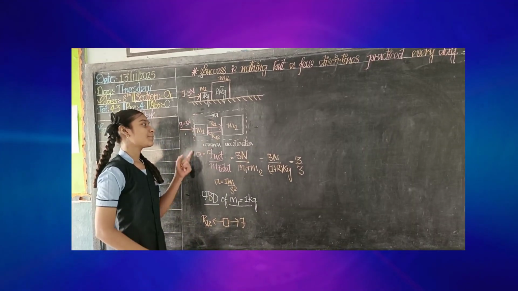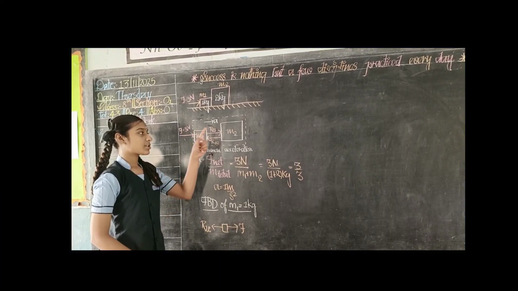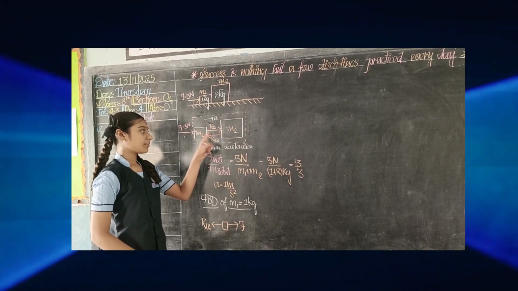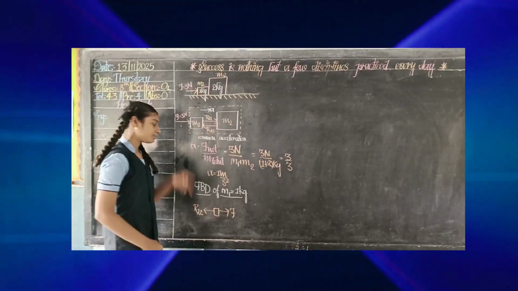Here, this is the reaction between M1 and M2. The M1 is giving some reaction to the M2 that we are representing by R2 due to the 1 and R1 due to the 2.